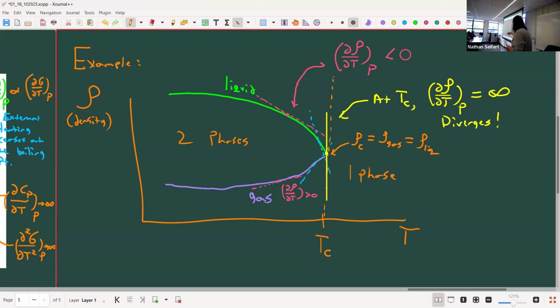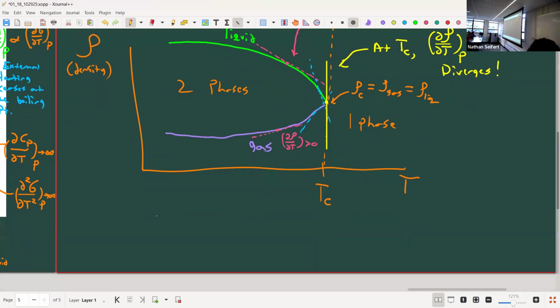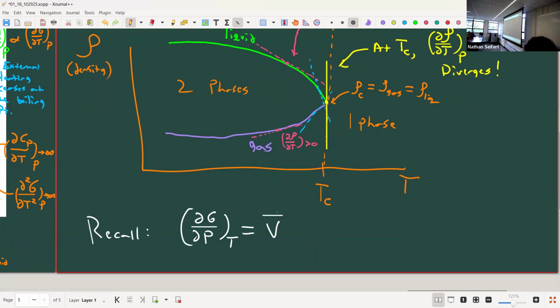Now, how does this connect back to the second derivatives that we had? Well, remember that we just calculated in the previous class that the derivative of Gibbs energy with respect to pressure at constant temperature is the molar volume, which is equal to 1 over the density.